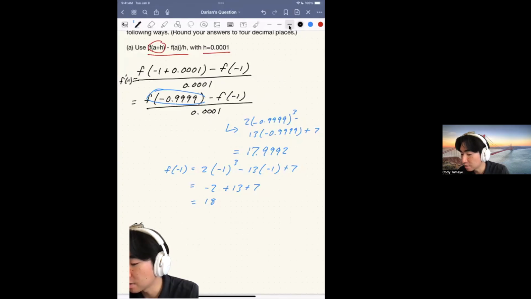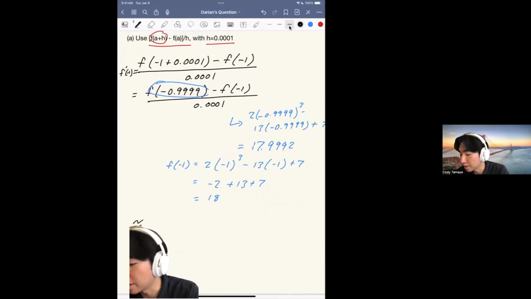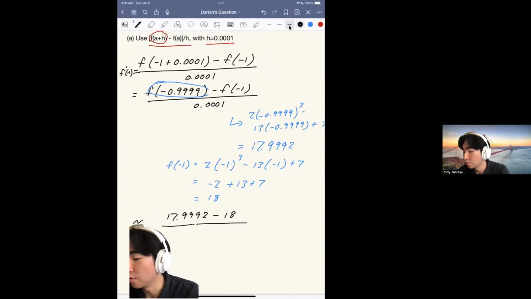Plugging in the values from above, we get 17.9992 minus 18, over 0.0001.